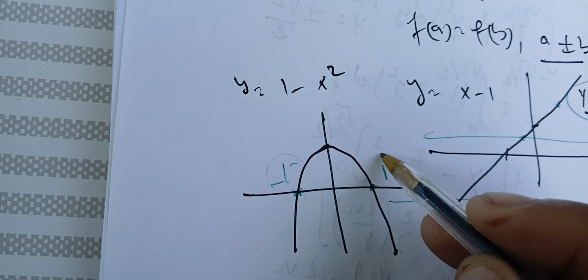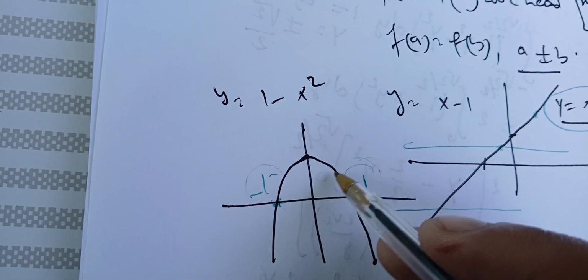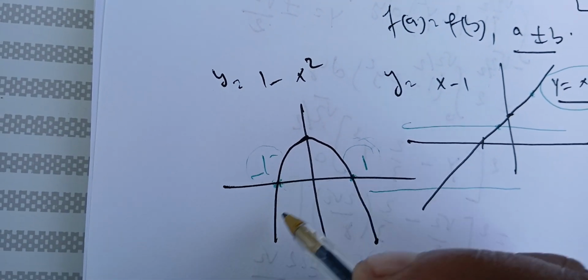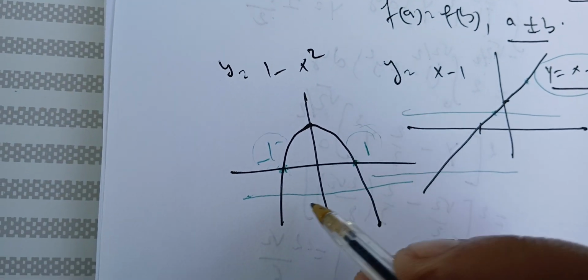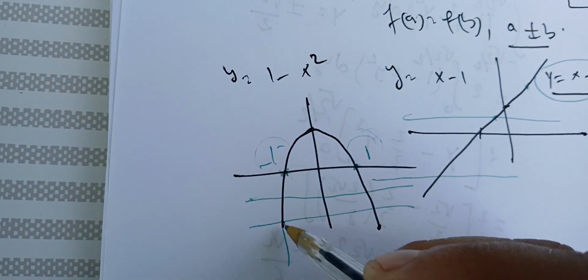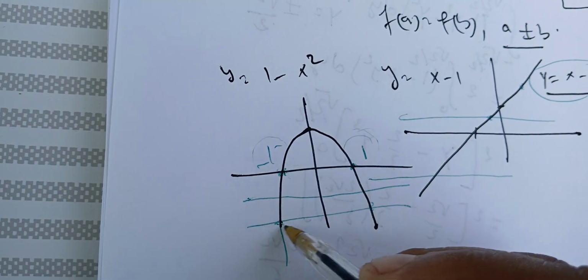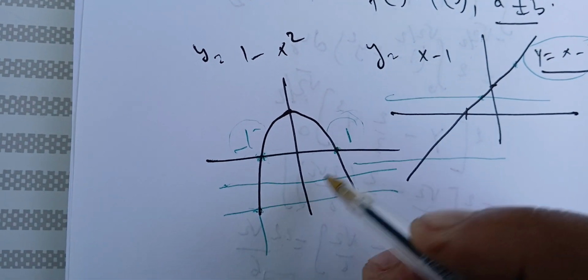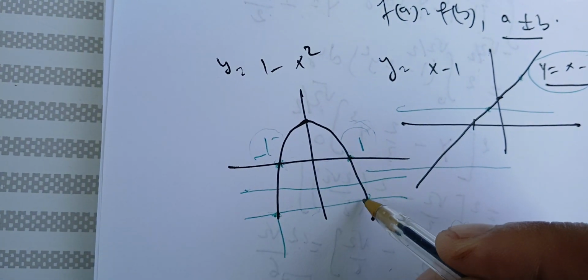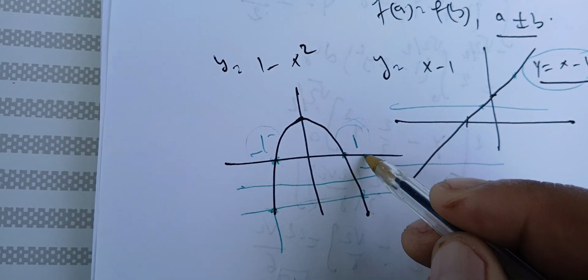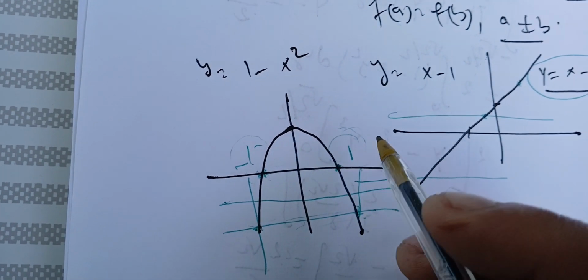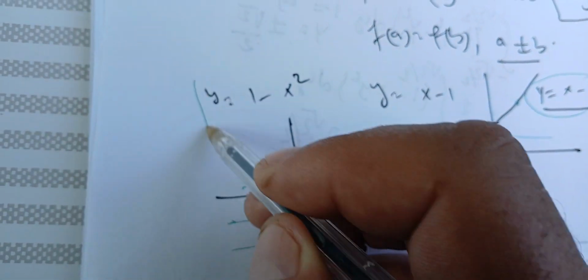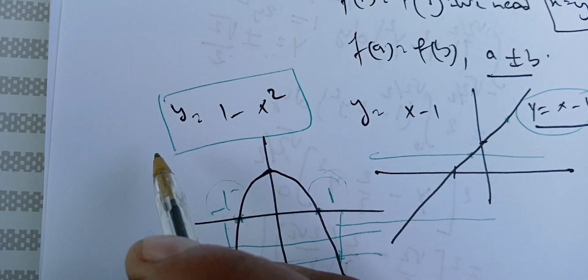They have the same value, and they are not the same, they are different. Therefore, f is not injective. I can see more than that. Every time I cross the graph of this function, I have two different points that have the same value, but they are different. This means that this function is not injective.